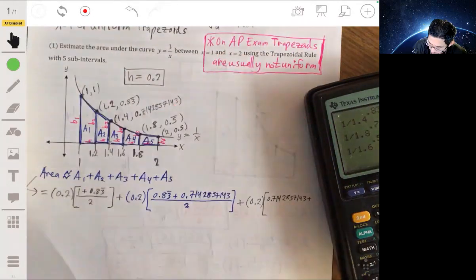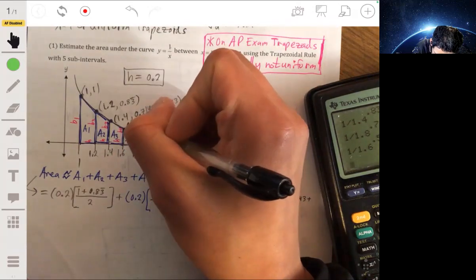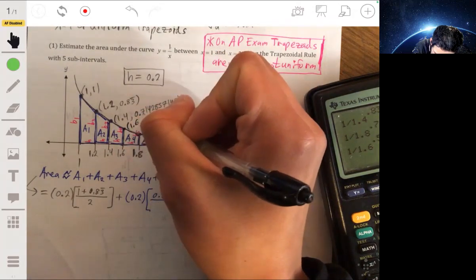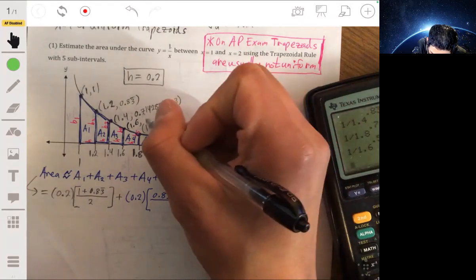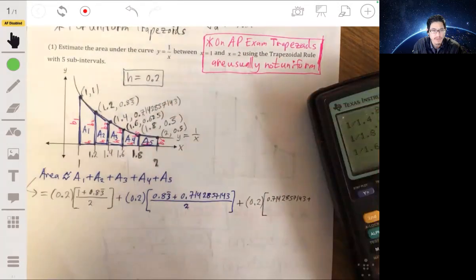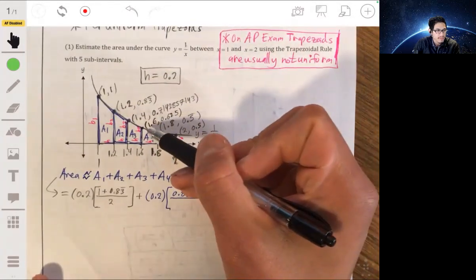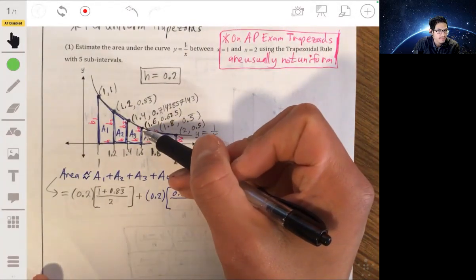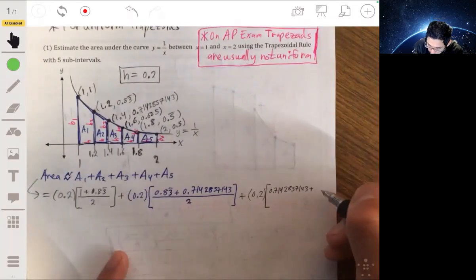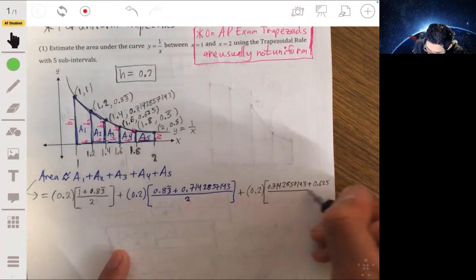That's going to be 1.6. 1 divided by 1.6 is 0.625. So B4 is 0.625, all over 2.